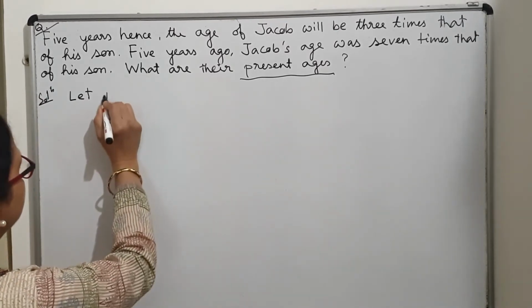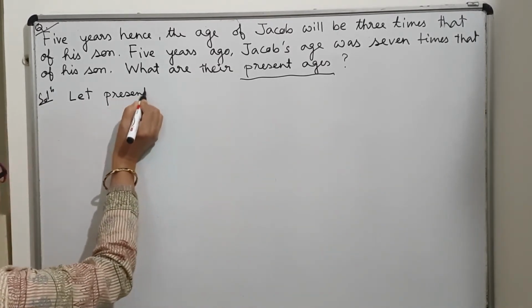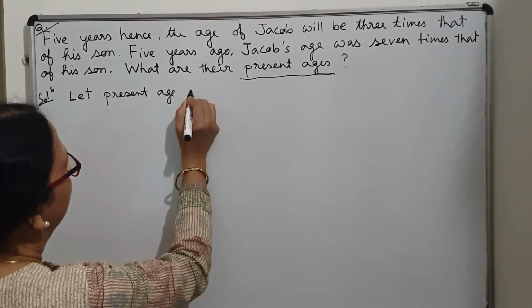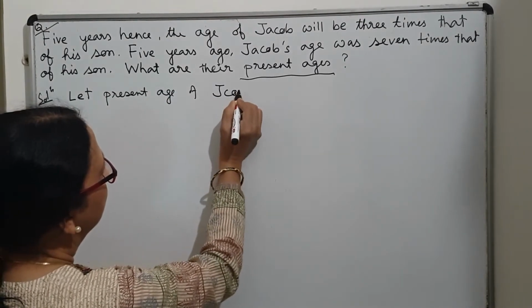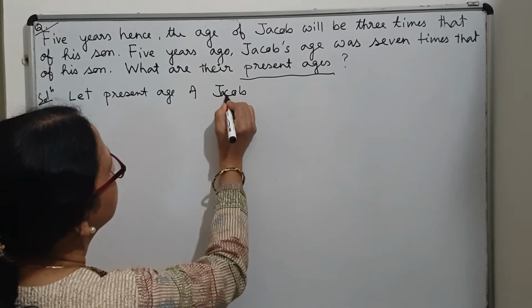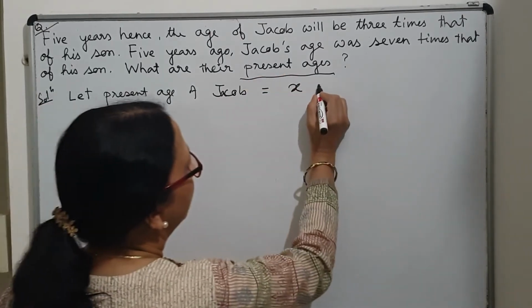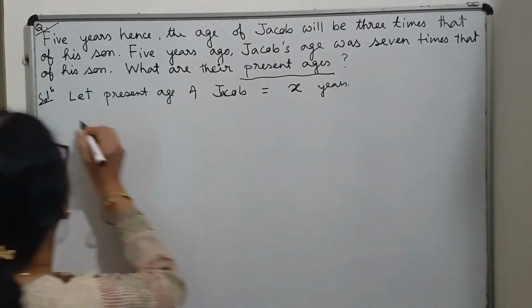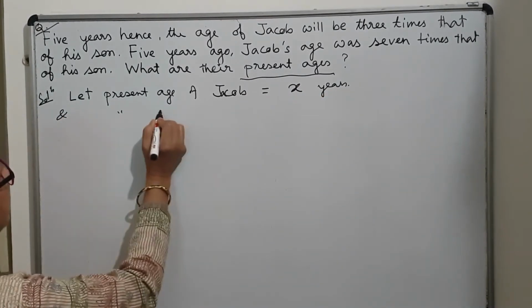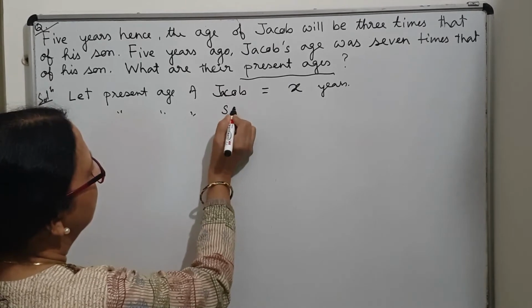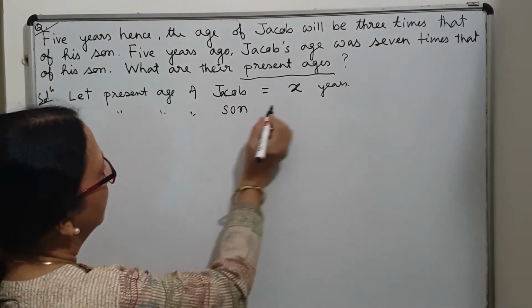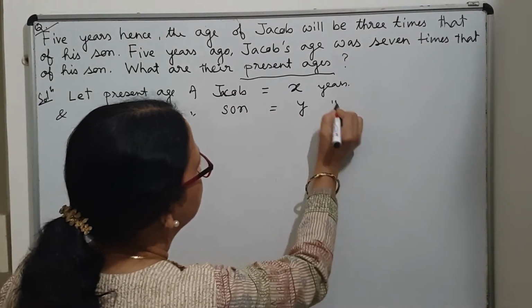So let the present age of Jacob be x years, and the present age of son be y years.